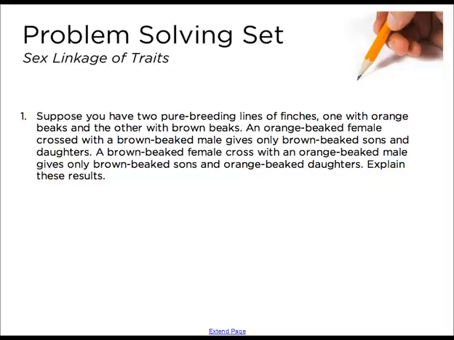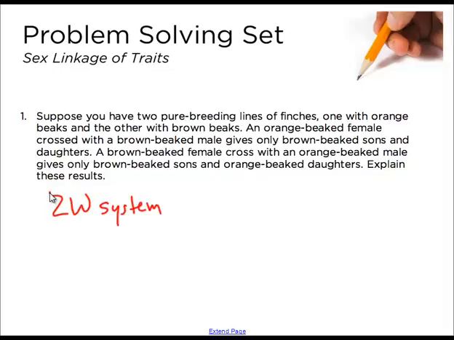So first of all, one thing that you need to know, and if you don't know this, the problem is ruined, is that birds don't have the same type of sex chromosome or sex determination system that mammals do, or even fruit flies do. Birds have what's called the ZW system.